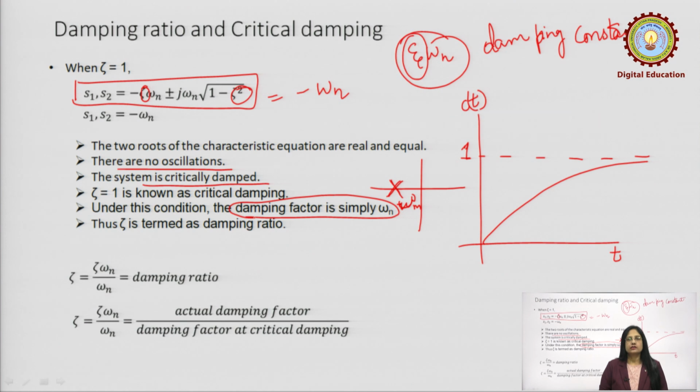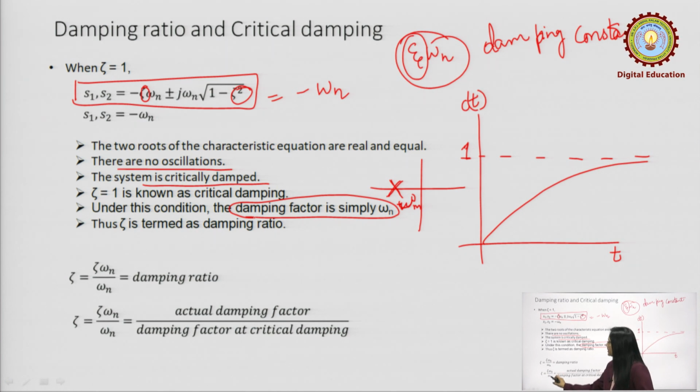Now, what is the role of zeta? Here zeta is 1, and when zeta is 1, the damping constant is equal to omega n. So, what are we writing here? Zeta omega n upon omega n is nothing but zeta. So, this is termed as the damping ratio.